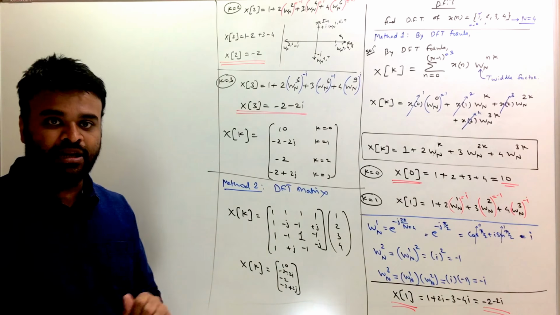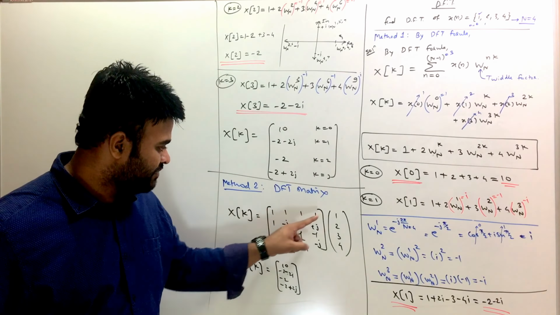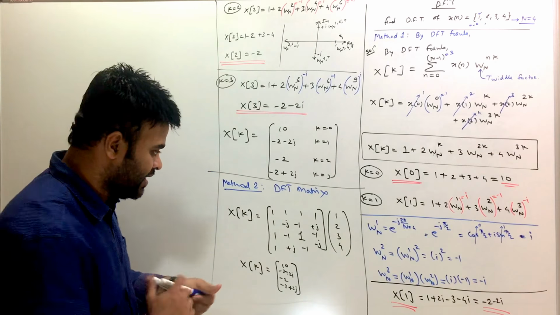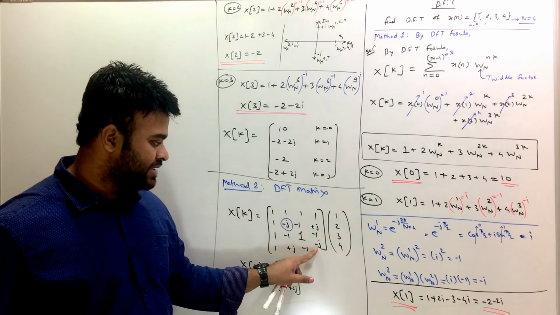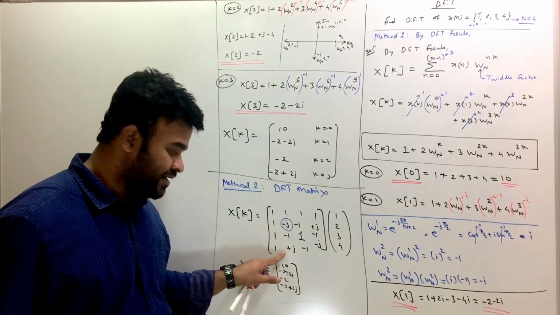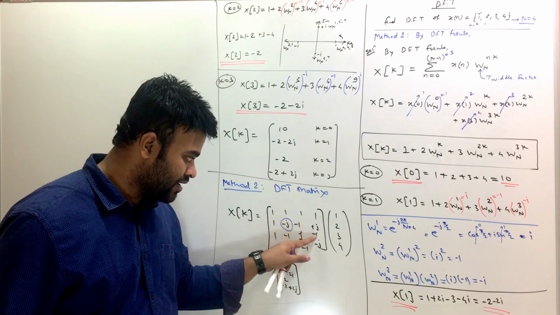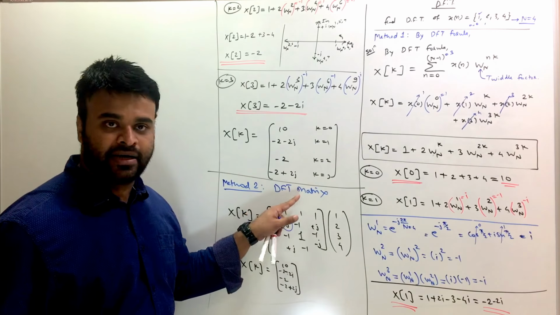Let me tell you how the matrix works once again. You have to write down 1, 1, 1, 1 in the first row and column, and then write down minus j first over here, and then diagonally opposite minus j, then plus j here, diagonally opposite plus j here, and then make a diamond of minus 1 like these 4, and then put 1 at the center. That's called the DFT matrix.